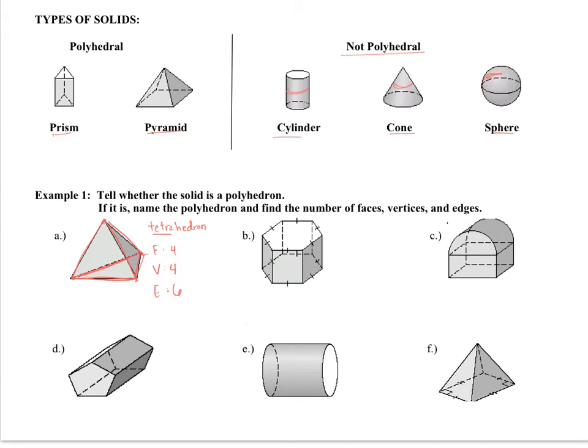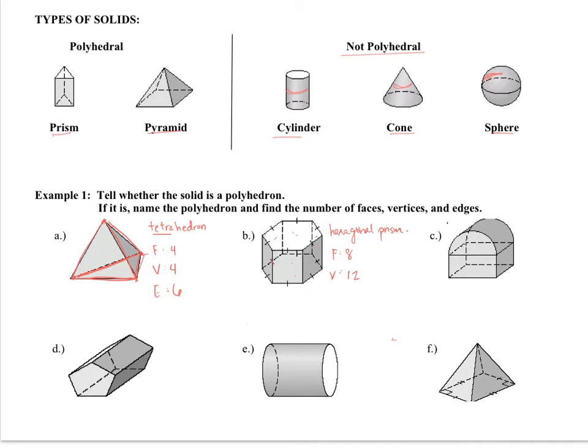For part B, we have a hexagonal base. Because there are 6 sides, we call this a hexagonal prism. And how many faces are there? 1, 2, 3, 4, 5, 6, 7, 8, including top and bottom. And vertices, since we have 6 up here and 6 in the bottom, we should have 12.